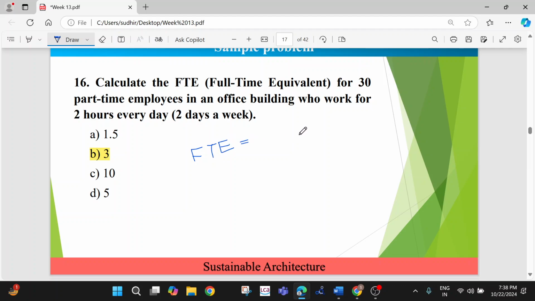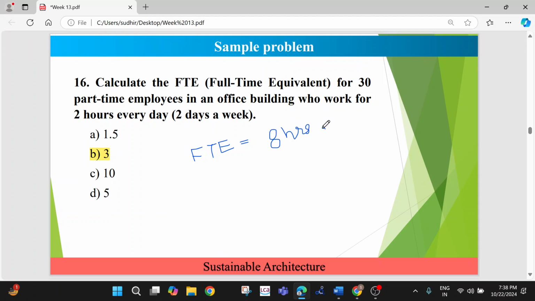It refers to, first of all, people who are working 8 hours a day, and also people who are working 5 days a week. Those people are referred to as full-time employees, who are working a full 8 hours and coming 5 days a week. So they are counted as one full-time equivalent.